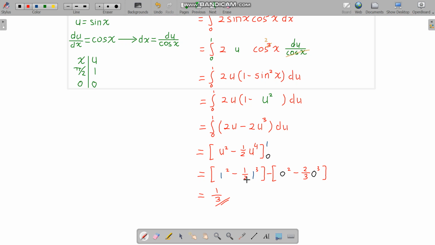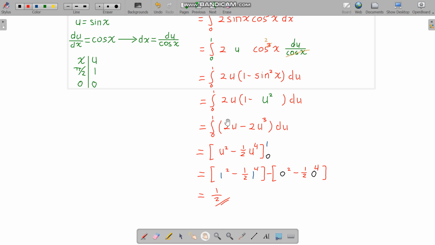So 1 over 2, this is also to the power of 4, and this is also 1 over 2, and this is to the power of 4, and 1 over 2 is the final answer then.